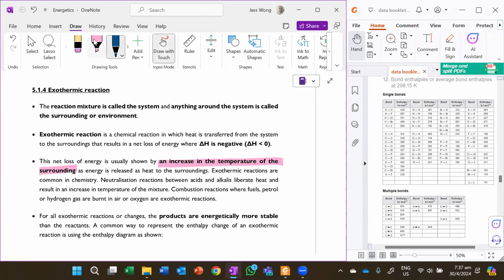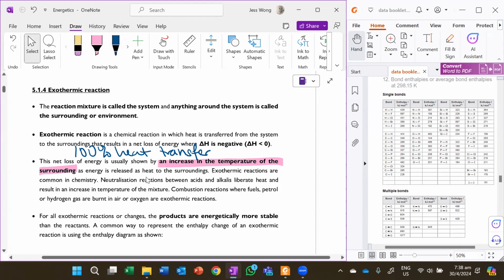We are assuming here 100% heat transfer, and there is no energy loss. It's 100% efficiency. So the surrounding experiences an increase in temperature as a result of the exothermic reaction that gives out heat.